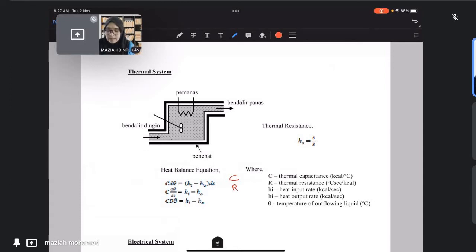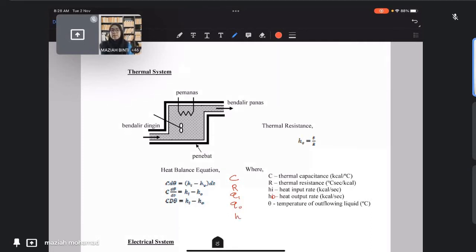Then we have Hi and H naught, the input heat rate and the output heat rate, similar to Qi and Q naught. Then for thermal system we have temperature in degrees Celsius. For liquid level we have H, which is in meter.